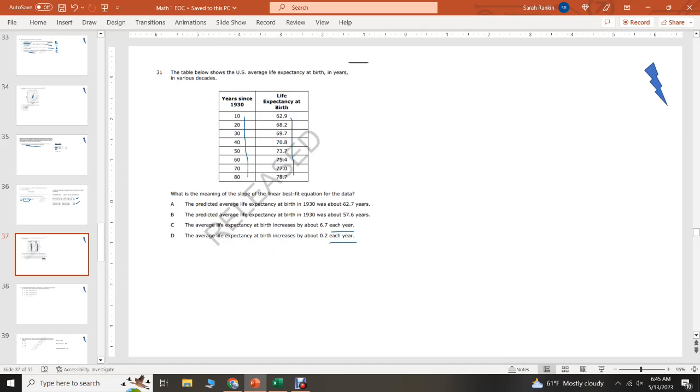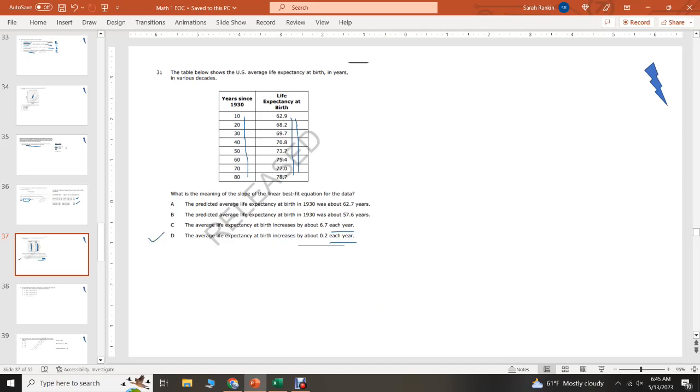So the first two we can throw out, because in 1930 it was much higher than 62, and in 1930 it wasn't about 57, it was up to 69. So now it's the life expectancy increases. Well, every 10 years you can either calculate the slope or sort of eyeball. Every 10 years it's increasing by about 6. So every year it's about 0.2. So the answer is D.